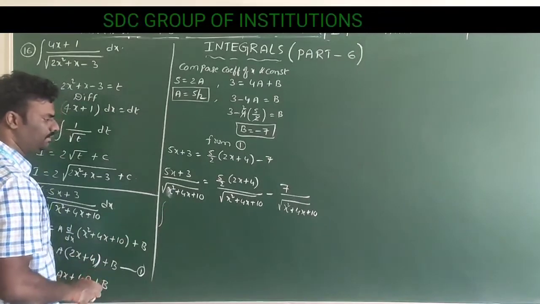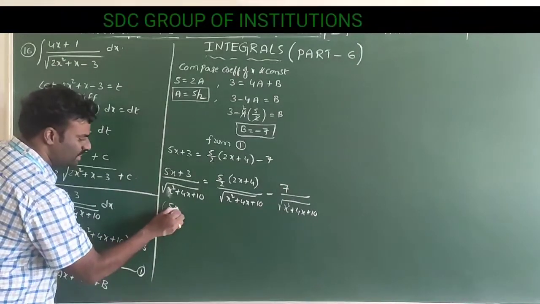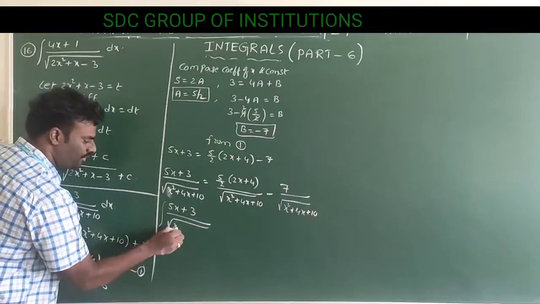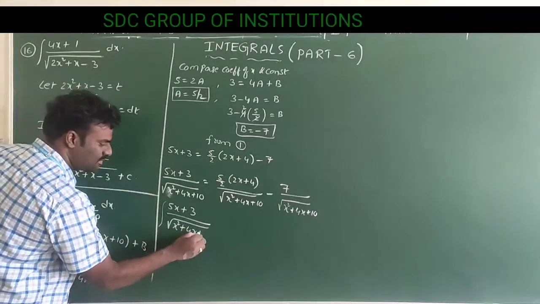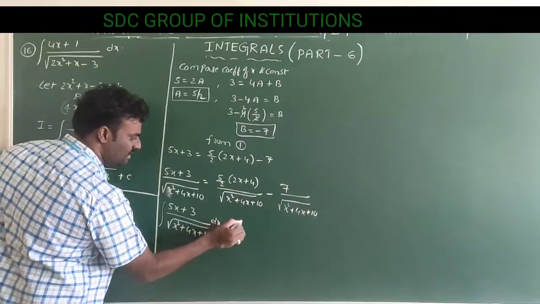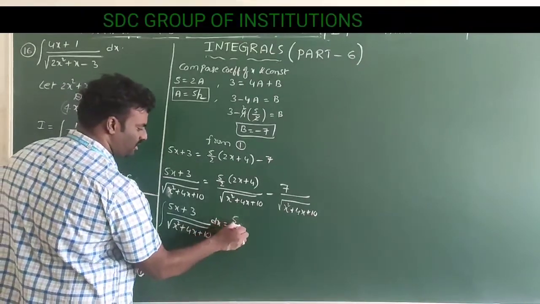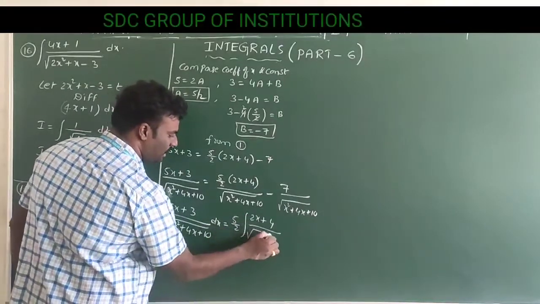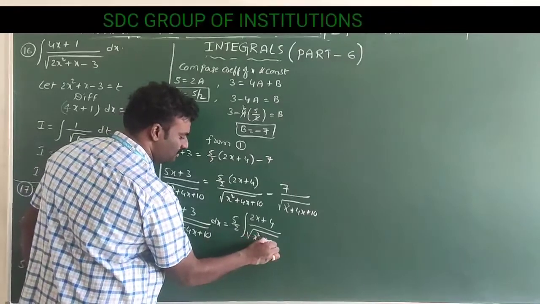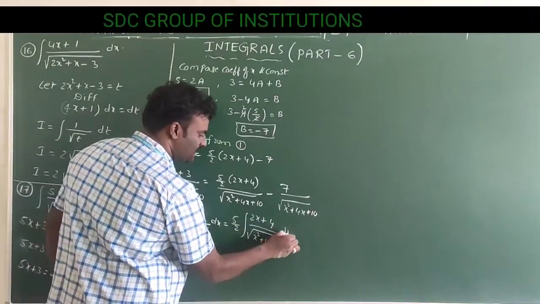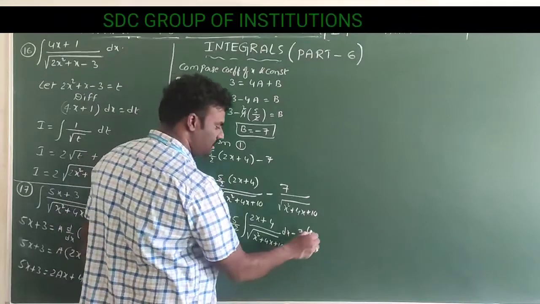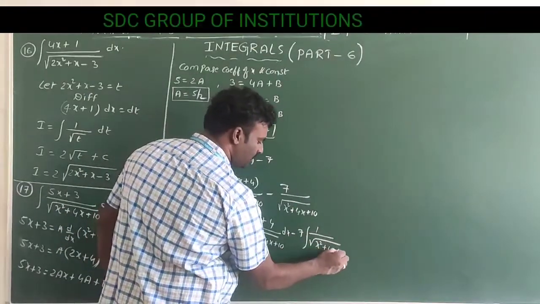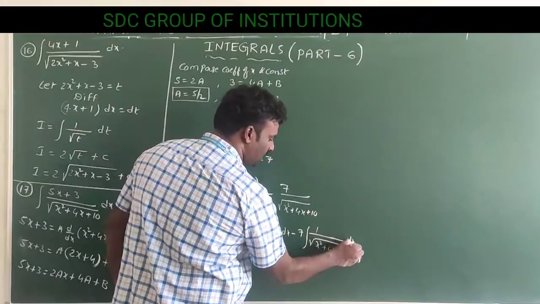Now integral 5x plus 3 by under root of x square plus 4x plus 10 dx is equal to 5 by 2 into integral 2x plus 4 by under root of x square plus 4x plus 10 dx minus 7 constant into integral 1 by under root of x square plus 4x plus 10 dx.